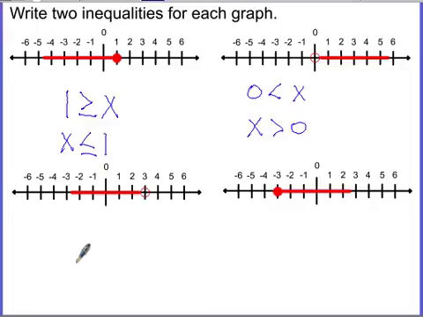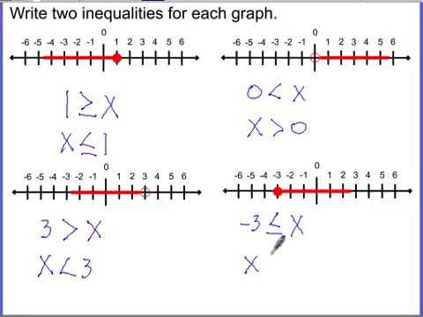Okay, 3 is greater than x, or x is less than 3, because it's not filled in. Good. Negative 3 is less than or equal to x, so x is greater than or equal to negative 3. All right. Good. No, that went a lot quicker than I thought it would. You guys are brilliant. Good job.